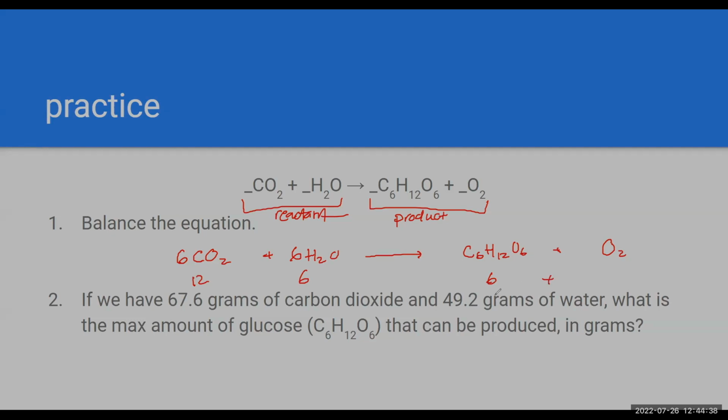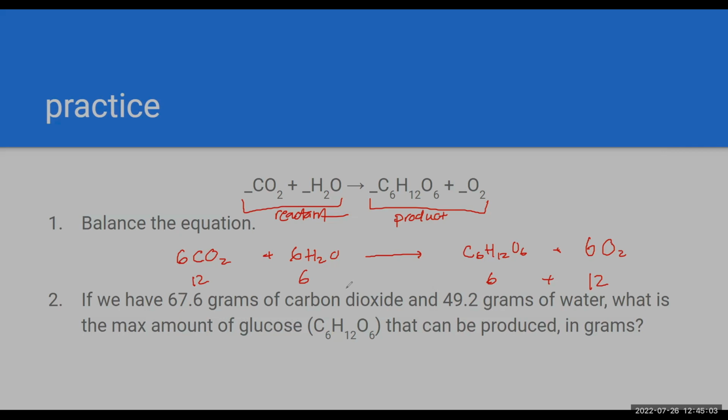So how can I get O2 to get 12 oxygens on the right side? So what I can do is I can just put a 6 right next to the oxygen. And that will get us a total of 12. So we have 12 plus 6 oxygens on the left, 12 plus 6 oxygens on the right.